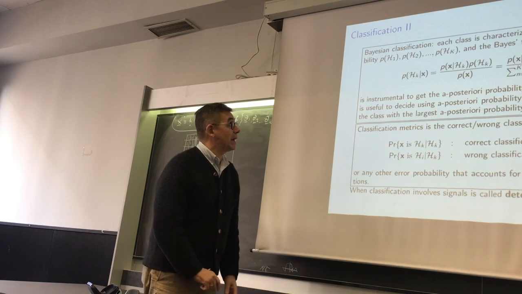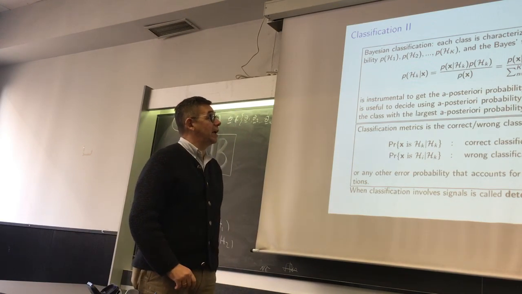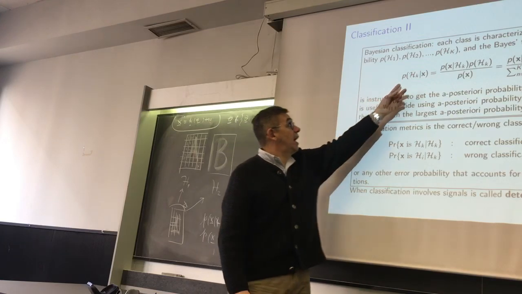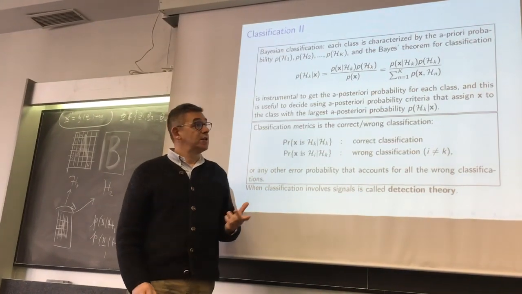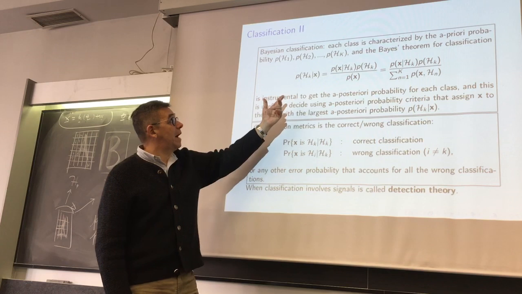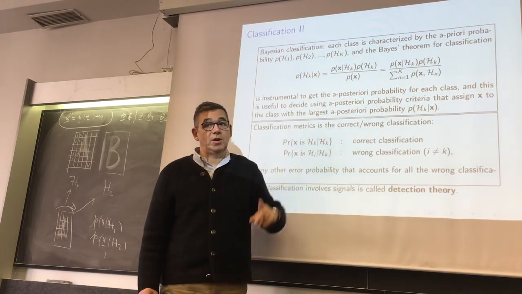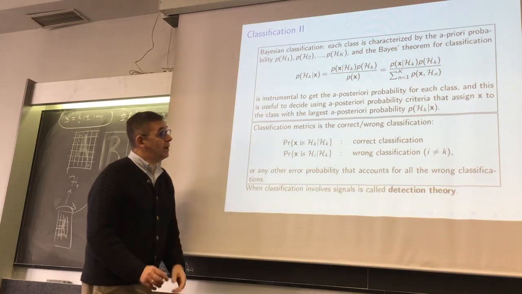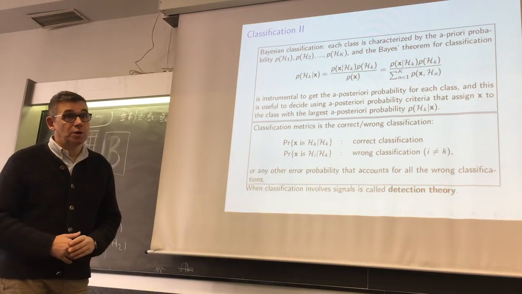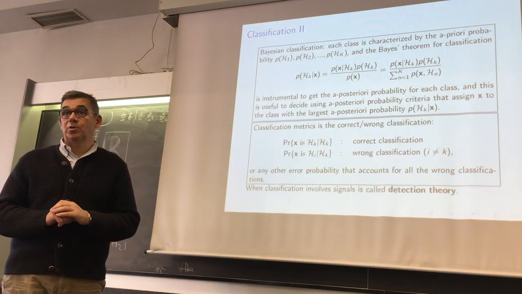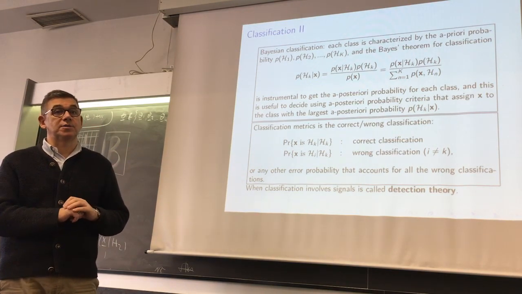Now, with the Bayesian method, by Bayes, I can calculate the probability of the class given the data. That means I calculate the probability of the data given the class times the a priori probability of the class. So in the Bayesian method, I introduce a priori information about the probability of each individual class.